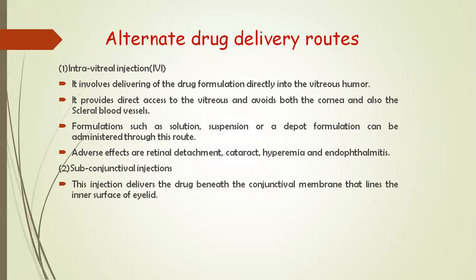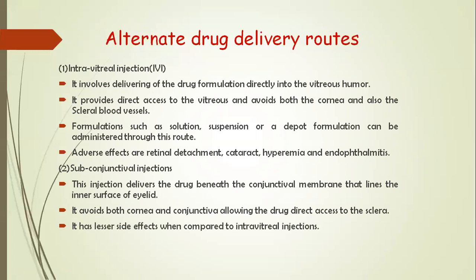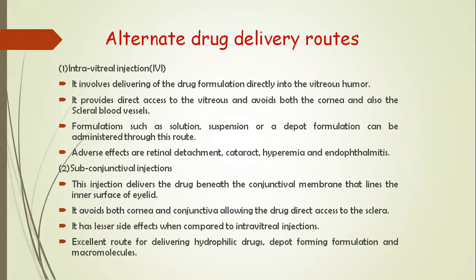Subconjunctival injection delivers the drug beneath the conjunctival membrane that lines the inner surface of the eyelid. It avoids both cornea and conjunctiva, allowing the drug direct access to the sclera. It has lesser side effects when compared to intravitreal injections. It is an excellent route for delivering hydrophilic drugs, depot forming formulations, and macromolecules.